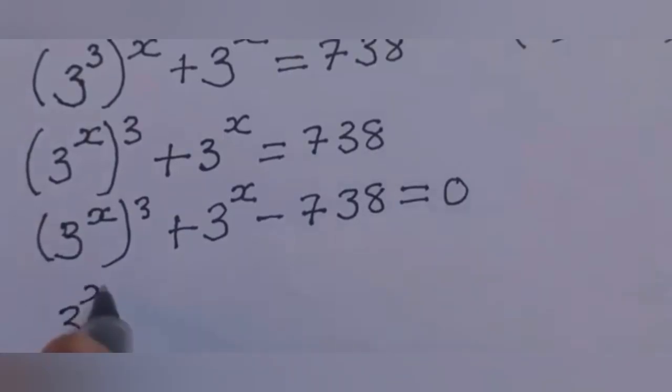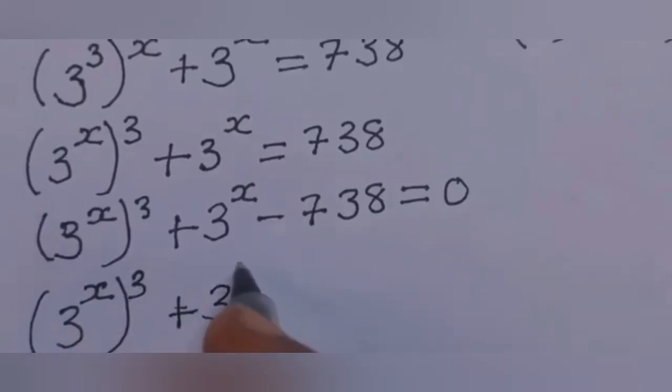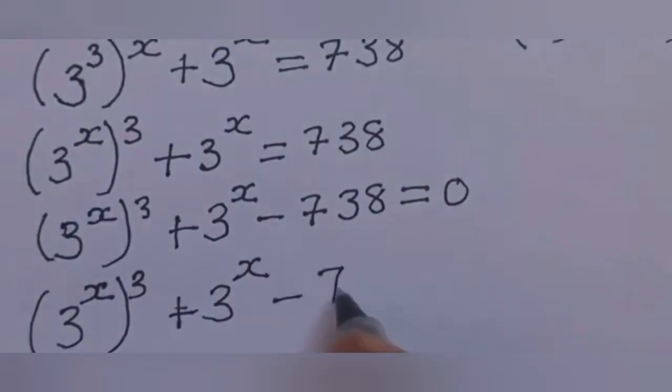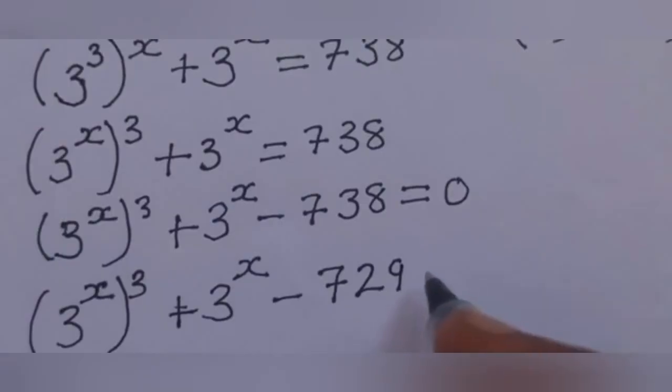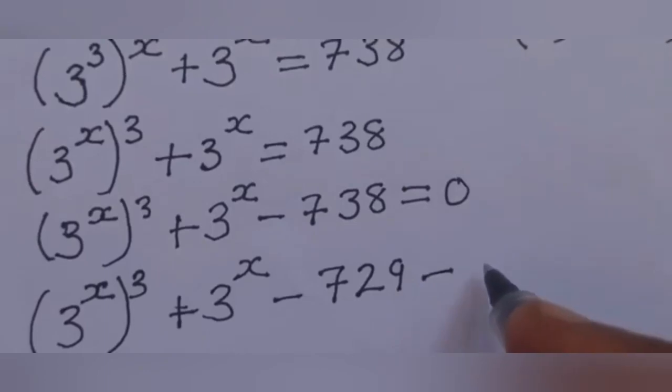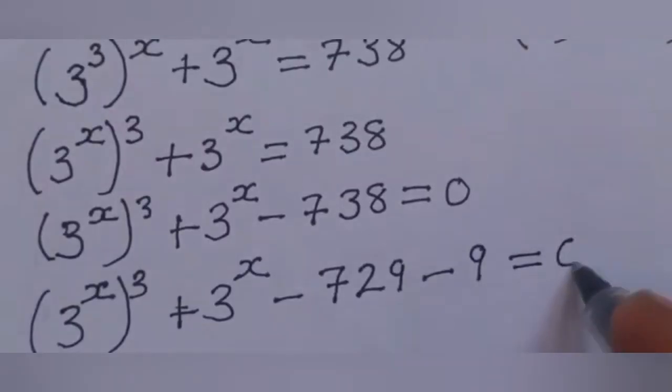here we are going to write 3 raised to power x as usual plus 3 raised to x. So here we have 729. 729, this is 9 power 3, or 9 raised to 3, or 9 cubic, minus 9 equals to 0.